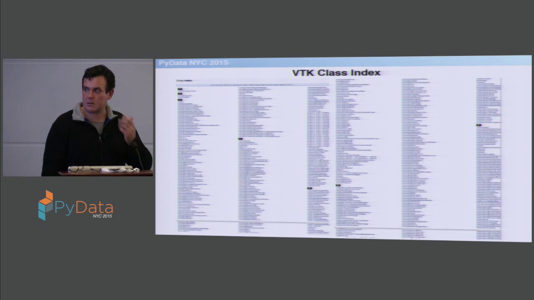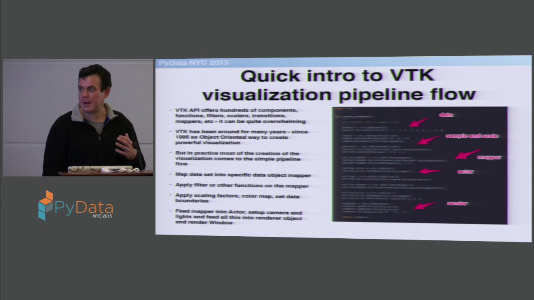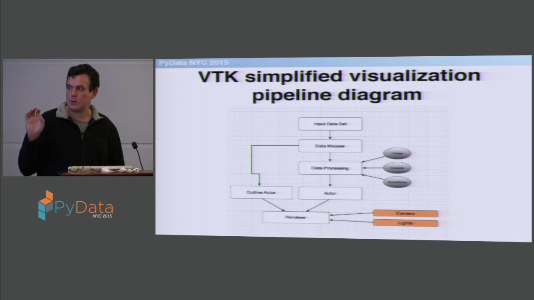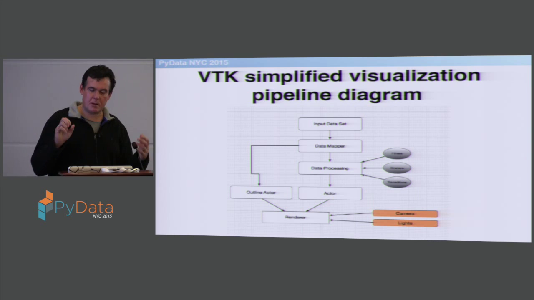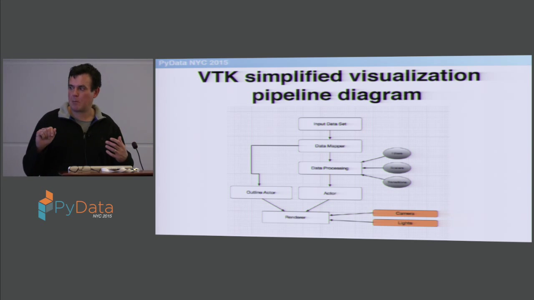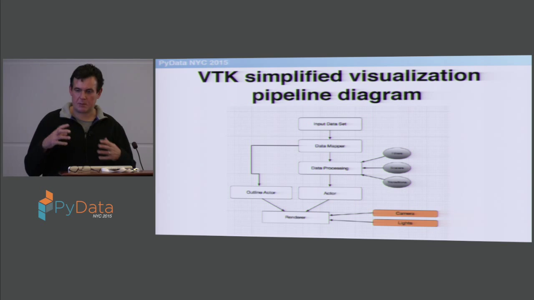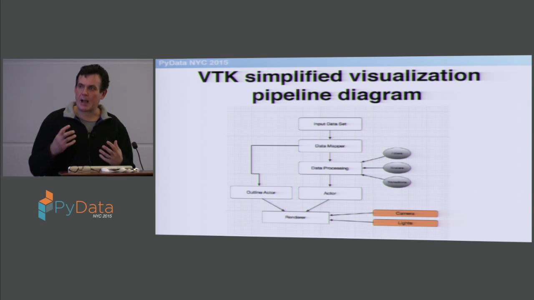I would just try to show you the VTK class index. It's so huge, there are hundreds of classes. It's very overwhelming, but at the end, everything comes back to a very simple pipeline. You input your data, then run it through the data mapper. Then you do some data processing, maybe filtering, scaling, some transformation. Then you create an actor.